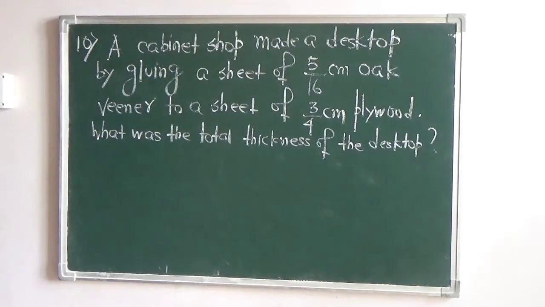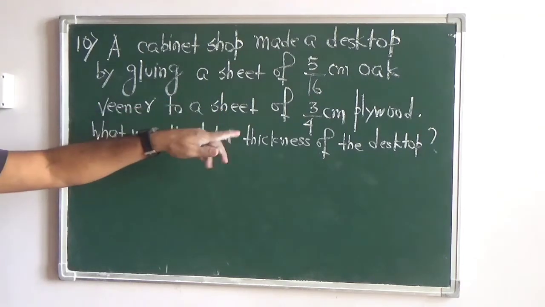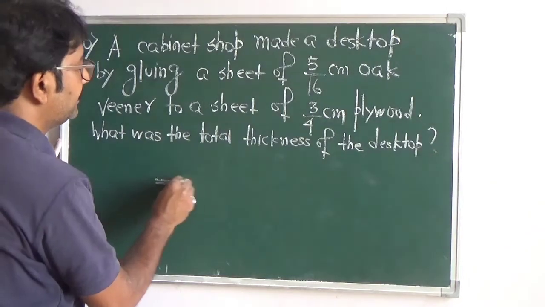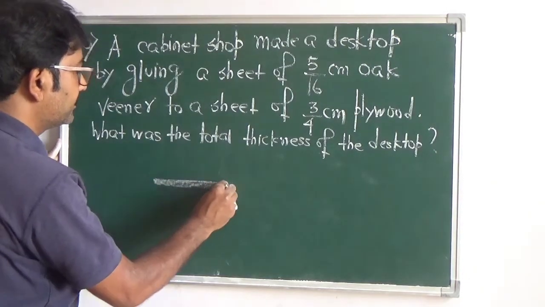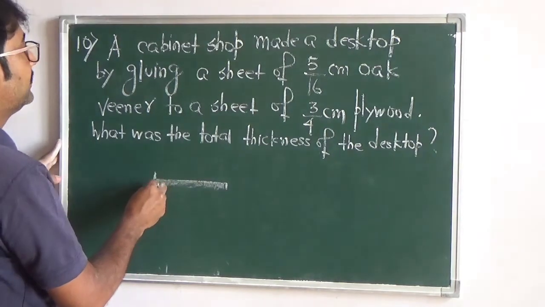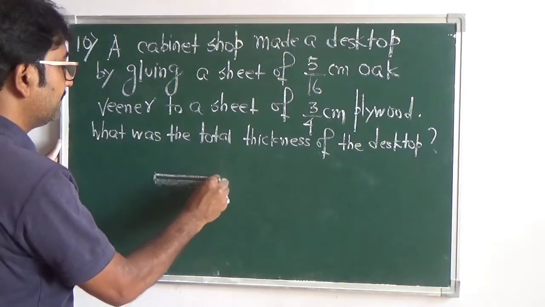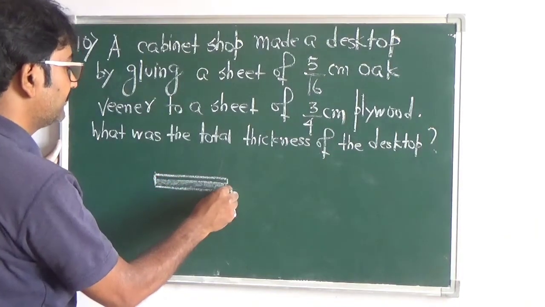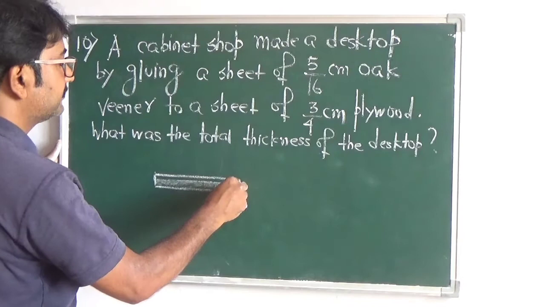So let us read the question. A cabinet shop made a desktop by gluing a sheet of 5 by 16 centimeter oak veneer to a sheet of 3 by 4 centimeter plywood. That means if this is the desktop, this is your plywood, with the thickness given as 3 by 4 centimeter, and above this the glued sheet has a thickness of 5 by 16 centimeter. So you need to find the total thickness.